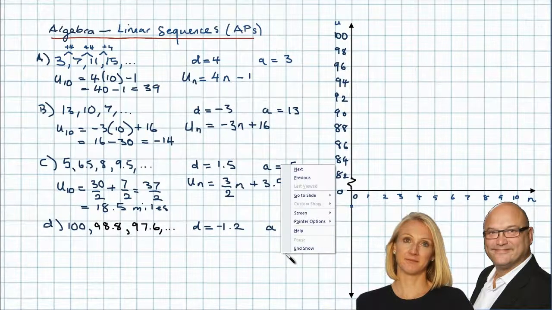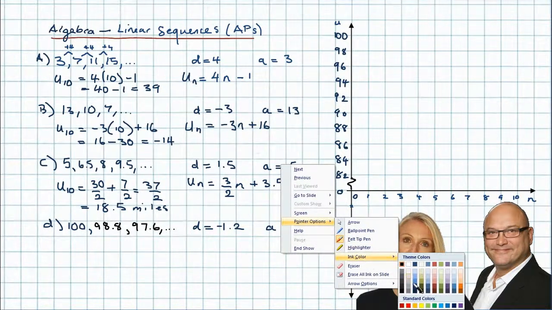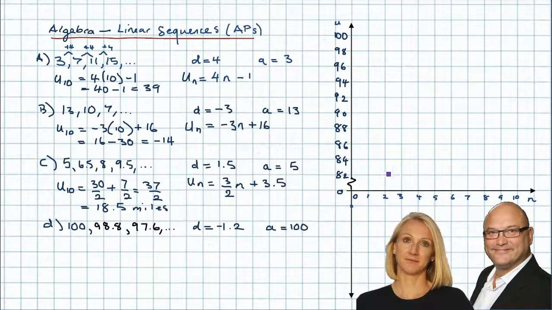Okay, let's change color. Let's have purple this time. So we have our first term, which is 100, so we mark our 100 here. 98.8 is our second, so after 1 week, we've got 98.8, so that's going to be here. I just need to be a little bit careful here.